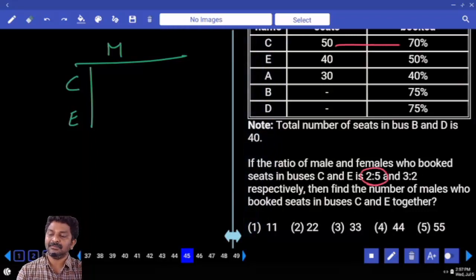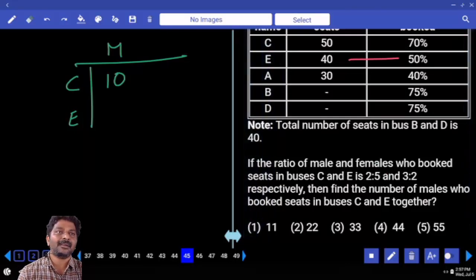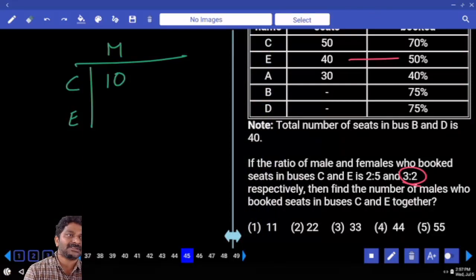They are in the ratio 2:5. 7 parts is 35. 1 part is 5. Male are 2 parts, which is 10. Writing female is not required. In E, how many are booked? 20, divided in the ratio 3:2. 5 parts. Male are 3 parts, and the question is about sum only.